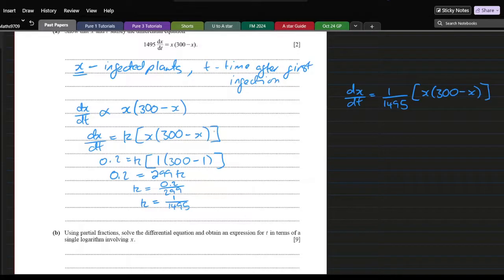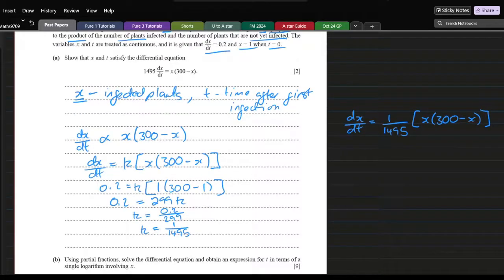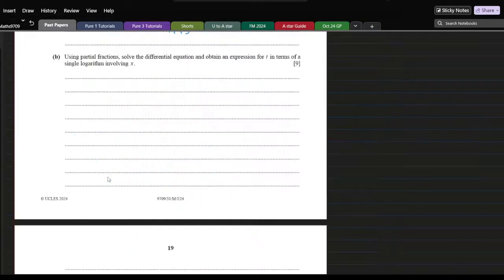Okay, and we have to show that it is the same as this equation, so we can multiply both sides by 1495, and so this becomes 1495 dx/dt is equal to x times 300 minus x, and this here is our final answer.